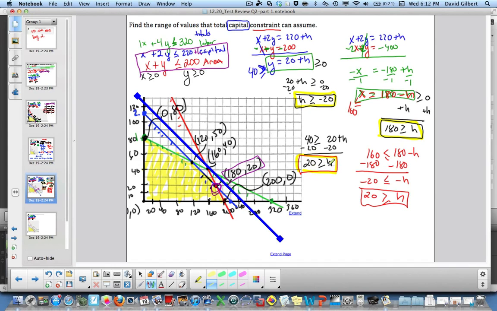So if h has to be less than 20 and less than 180, this actually doesn't even matter, because if you're less than 20, you're automatically less than 180.